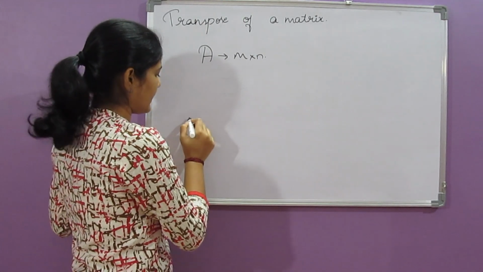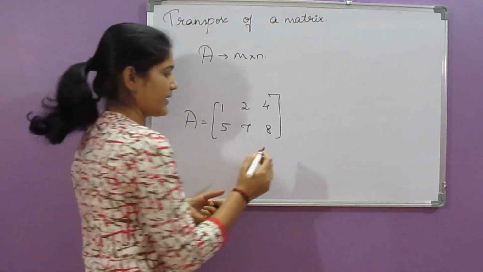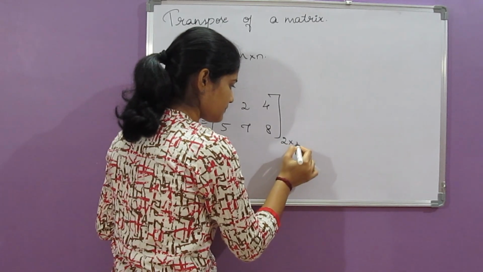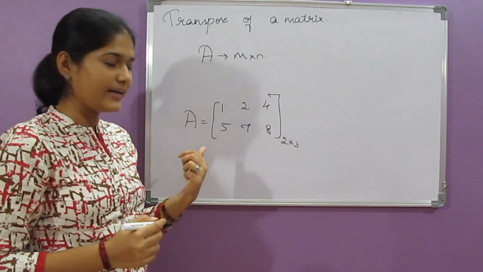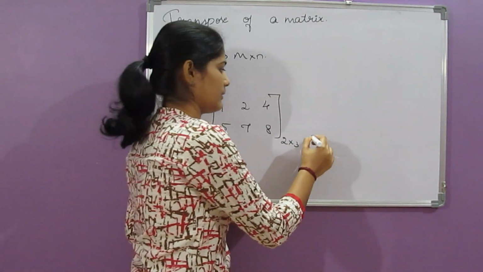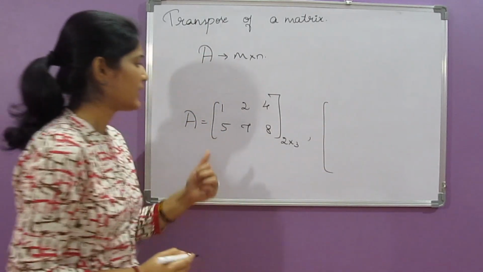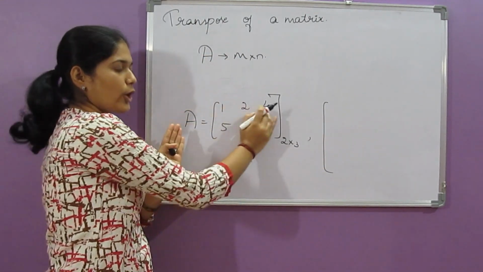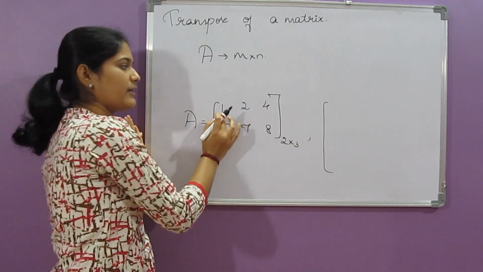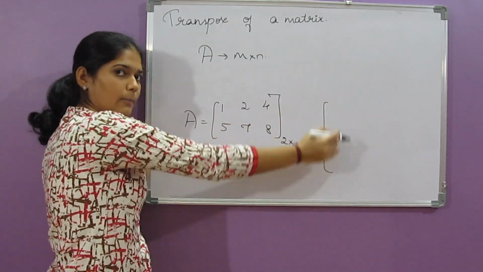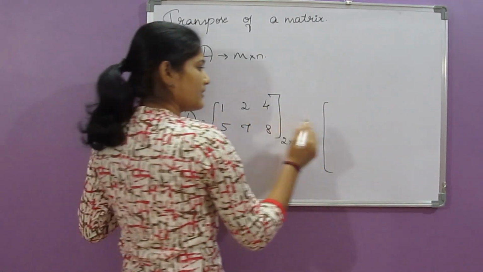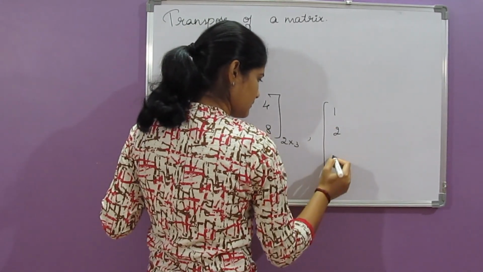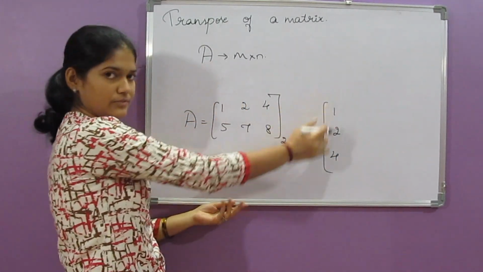Let me take an example. This is a matrix of order 2 cross 3. Then the transpose of this matrix will be, that is, we have to write the row elements in the column. That is, first row will be first column of the transpose matrix. Like this. First row is first column.